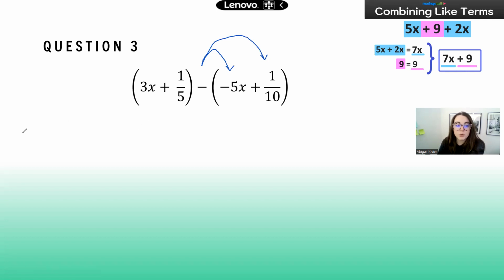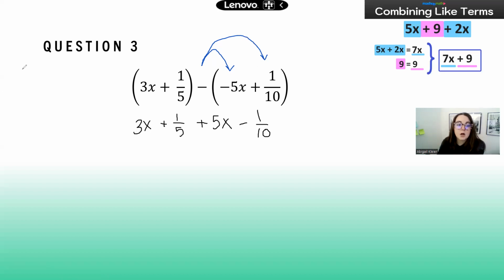So I'm going to rewrite all of these terms, but this time with the second set of parentheses gone and that negative sign being distributed. When I distribute a negative to -5, that's going to give us a +5. And when I distribute a negative to positive 1 over 10, that's going to give me a negative 1 over 10.